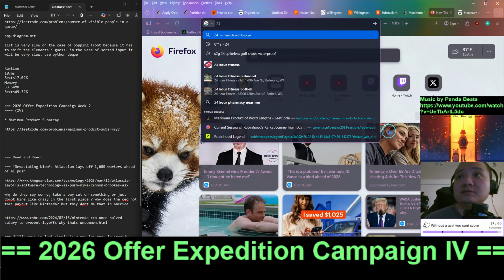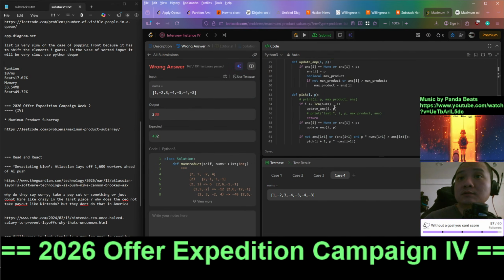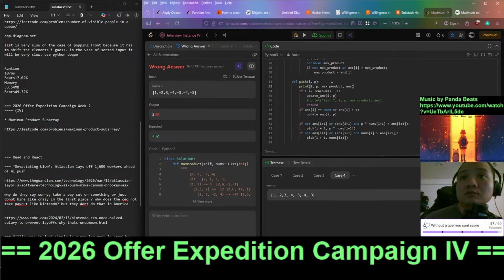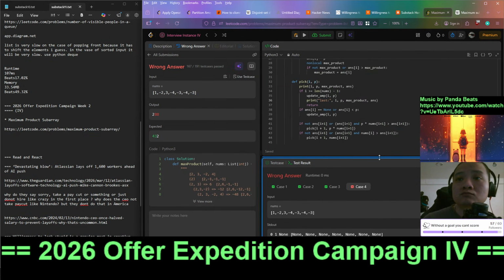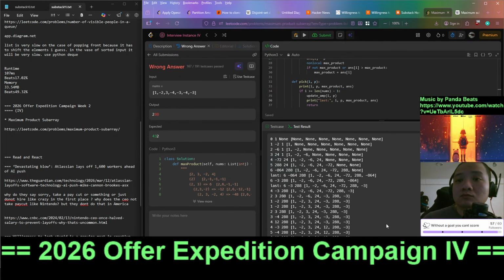Before multiply, let's just debug this. Do we ever got 432 somehow? Right? So how do they get 432?